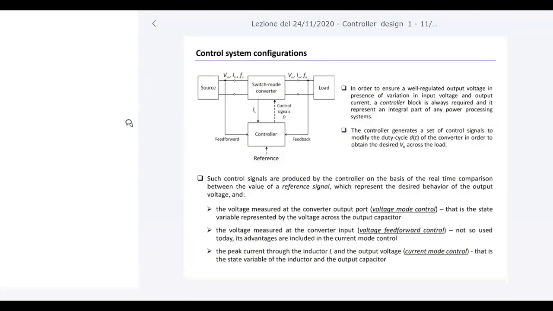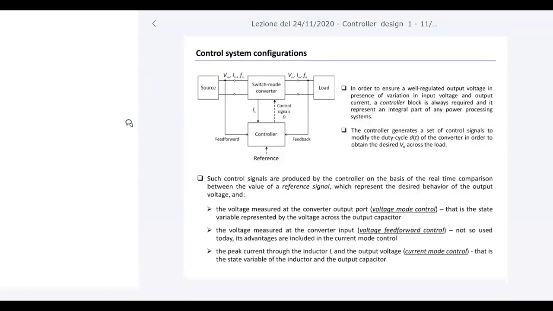But the goal of any kind of voltage regulator is to maintain the output voltage V0 constant, always the same, even in the presence of a large amount of disturbances. You have a variation, a dynamic situation, a transient, but then you have to recover almost immediately your target output voltage.